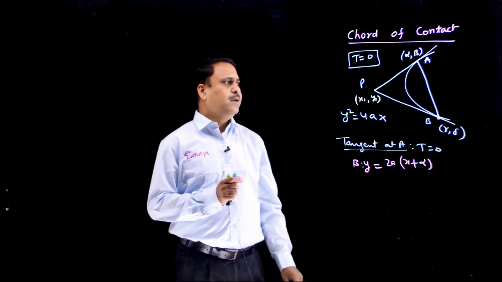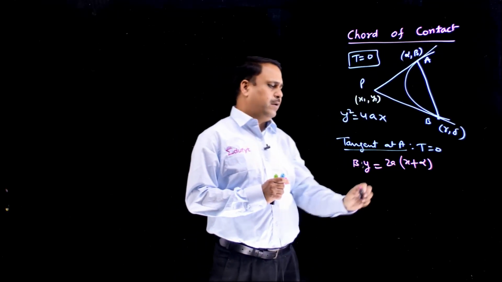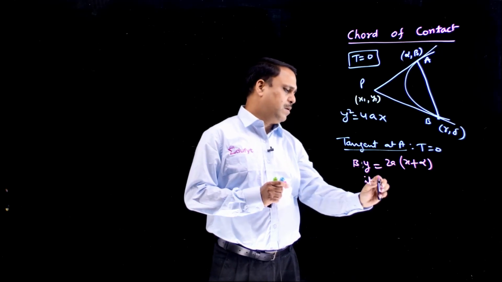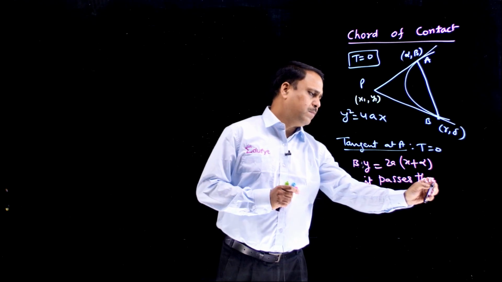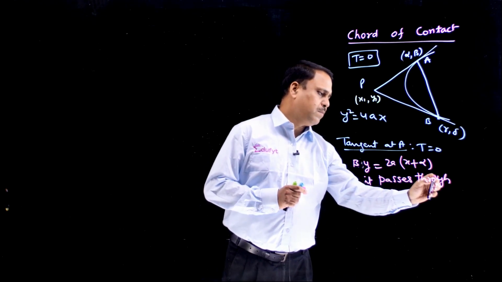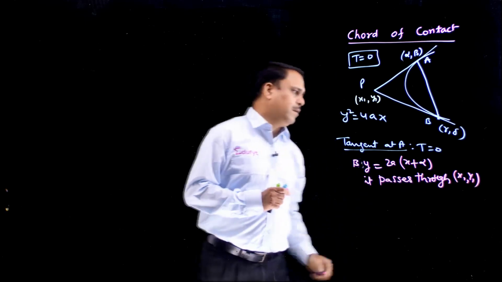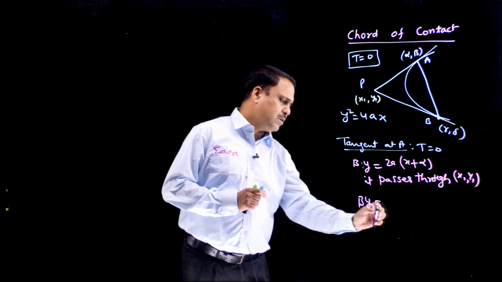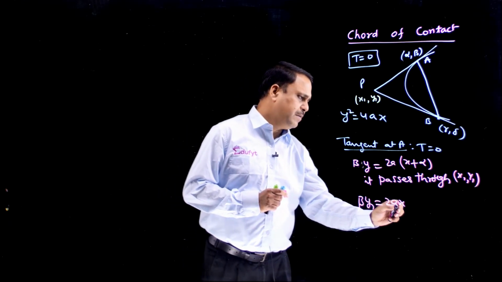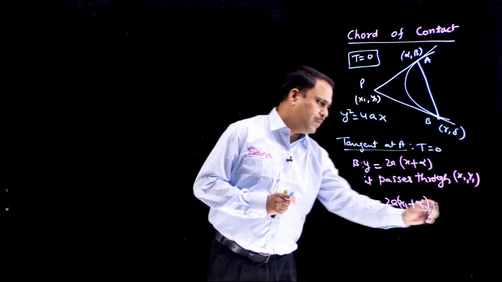This is the tangent. And this tangent passes through x1, y1. That means I will have beta y1 is equal to 2a x1 plus alpha, equation number 1.